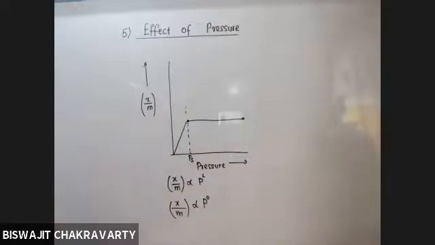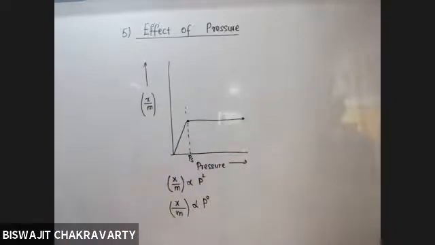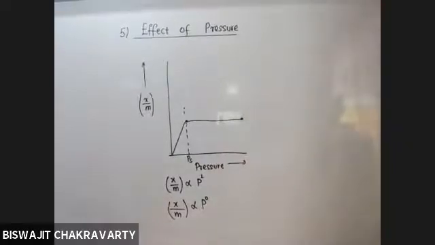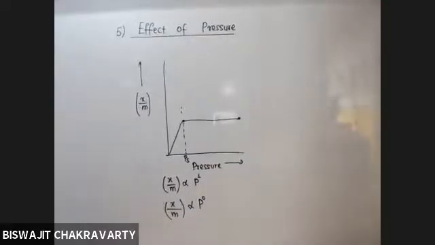So why do you think there will be no use beyond this point after applying the pressure? Can you tell me? Because there is no open space left. There is no space left for the adsorbate to come in. So no matter whatever pressure you exert, there will be no use.